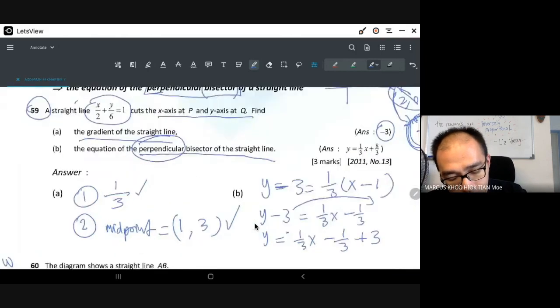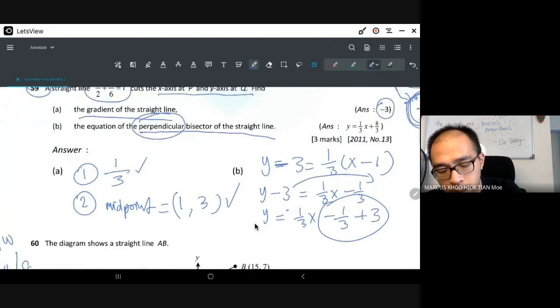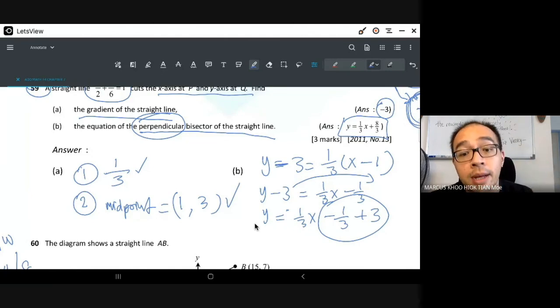When you calculate this, you will get the answer y equals 1 over 3 x plus 8 over 3. So the steps are still the same. The only problem now is the word bisector. When you see the word bisector, always think of midpoint.